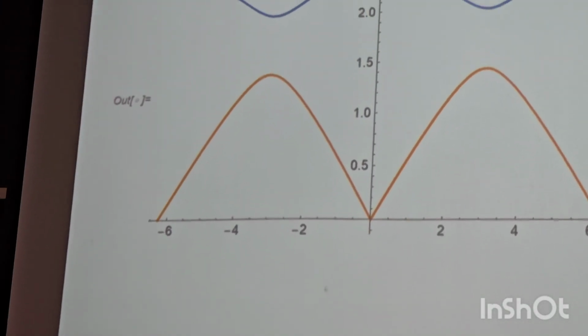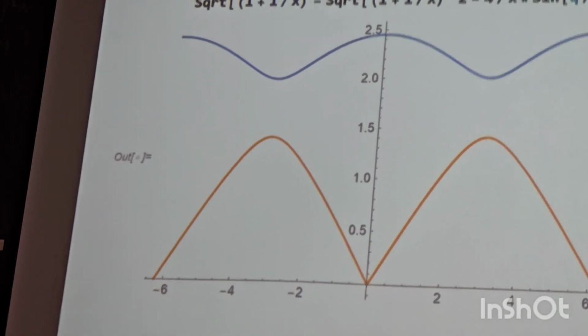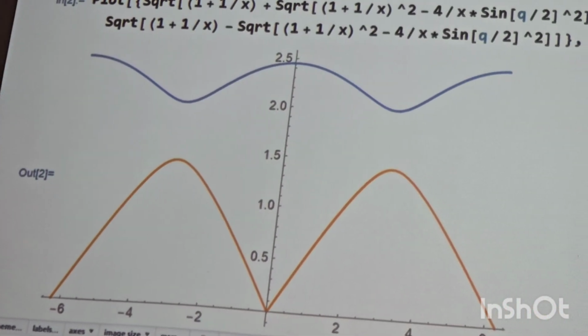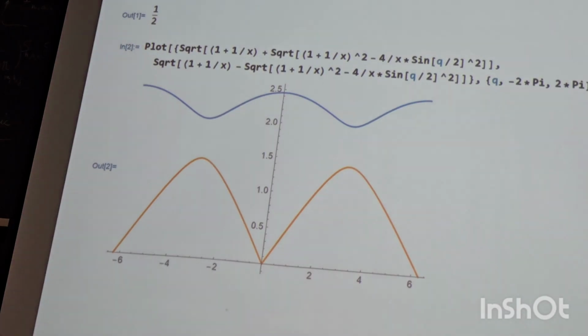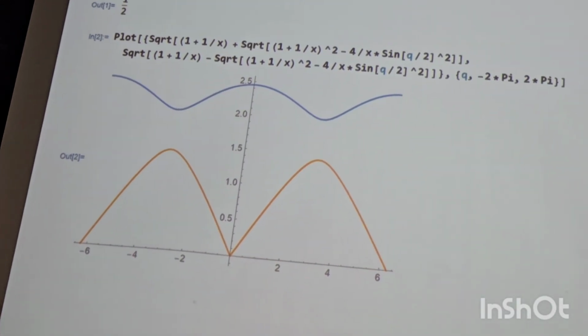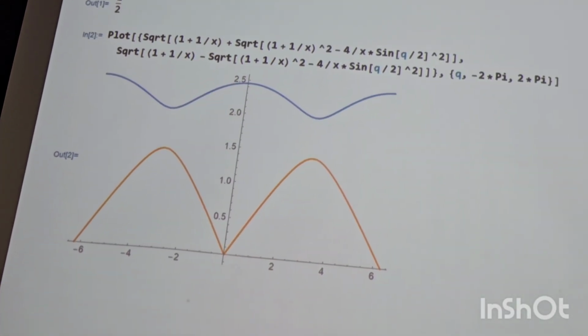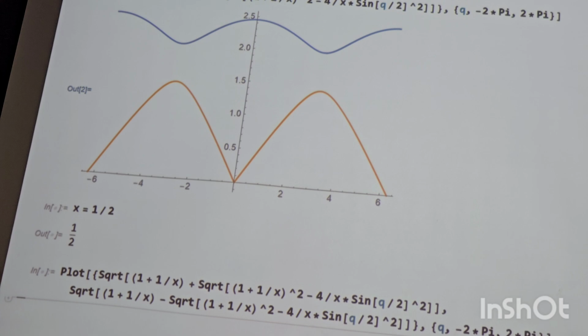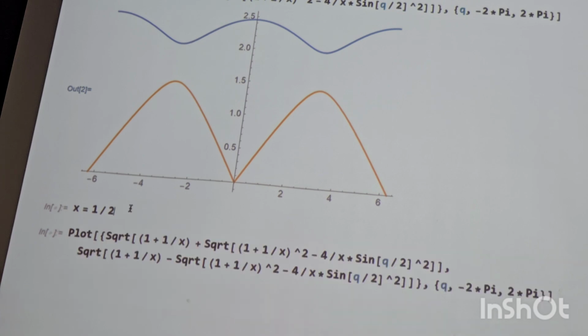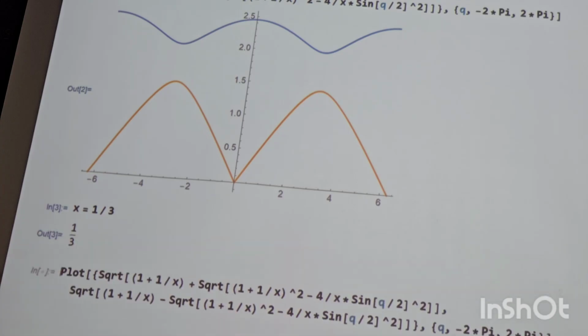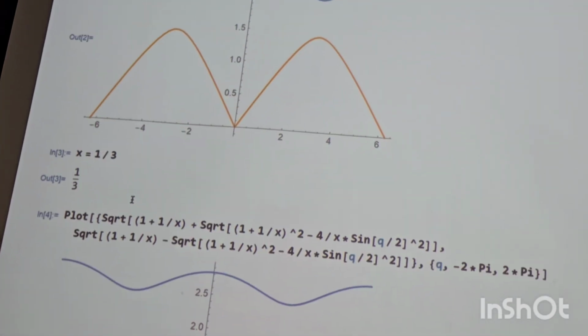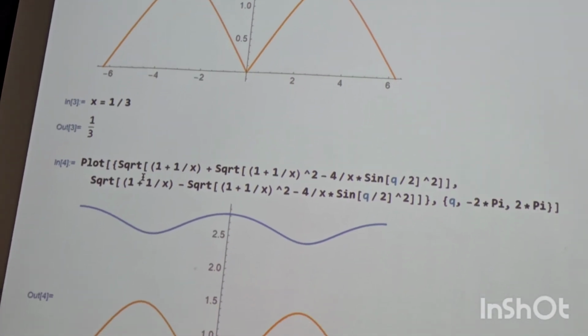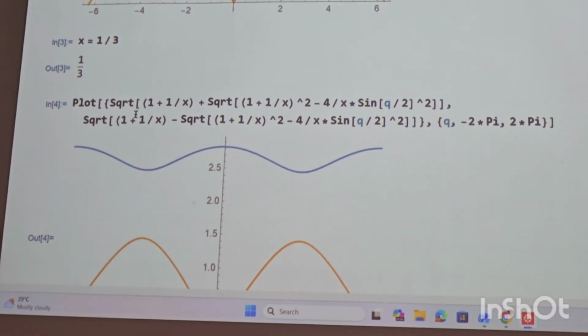So when I plot the results, this is what I get. Okay, if I make this even lighter, this is what the plot looks like. So the gap between the upper branch and the lower branch increases.